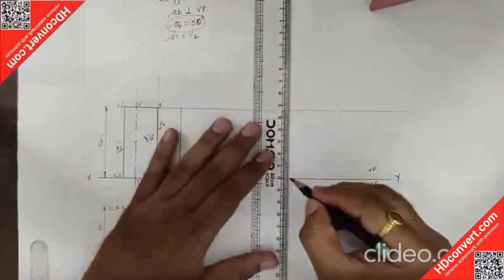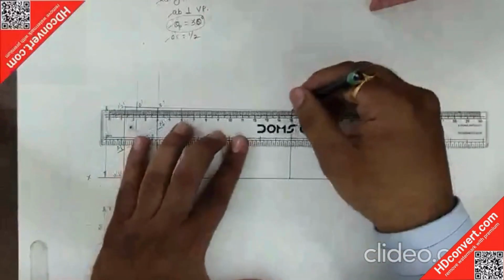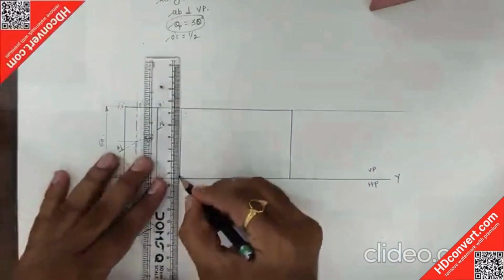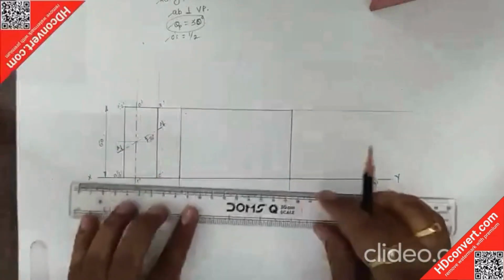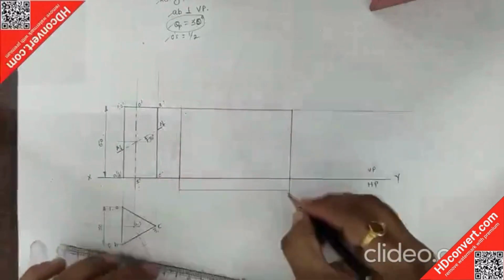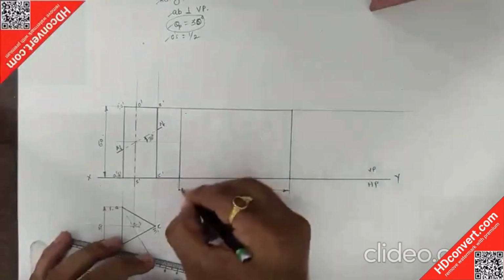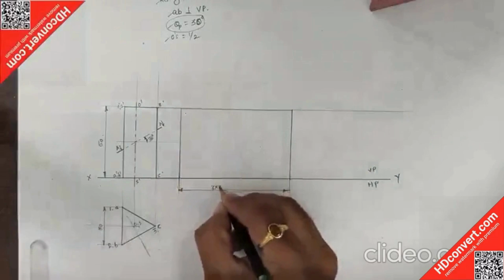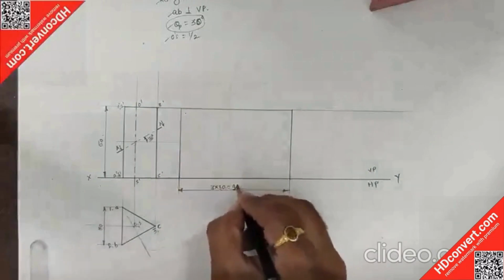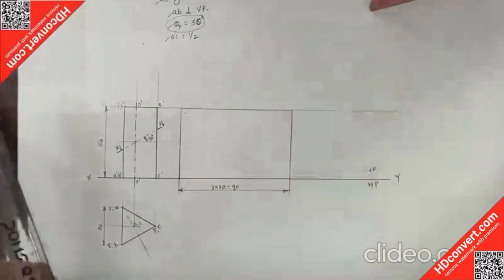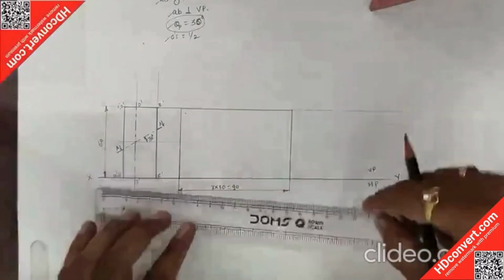So you form one large rectangle of height 60 mm and total width 90 mm. This is 90 mm: number of sides 3 multiplied by base side 30 gives 90. The height is the same, which is 60 mm.